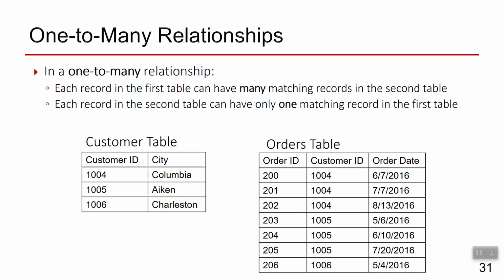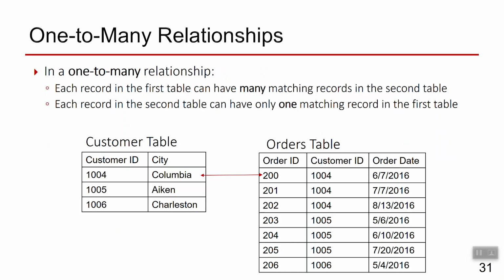The one-to-many relationship is the most common type in a good database design. Each record in the first table can have many matches for records in the second table, but each record in the second table can only have one match for records in the first table.